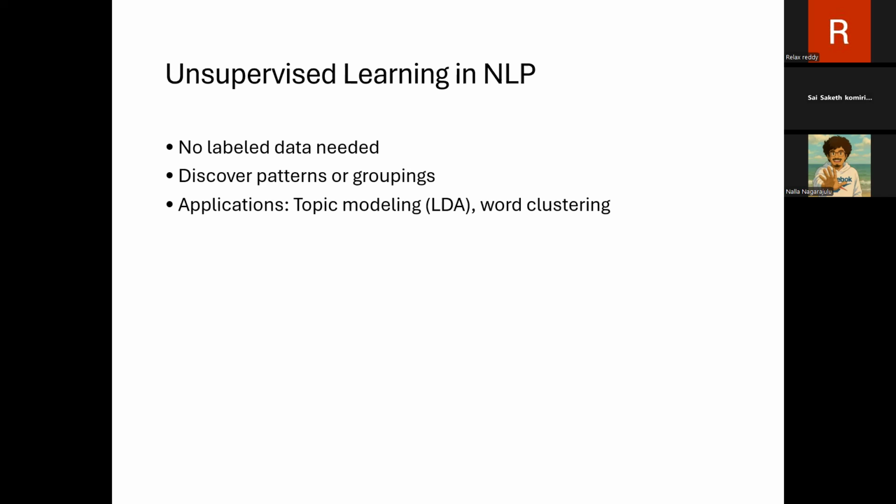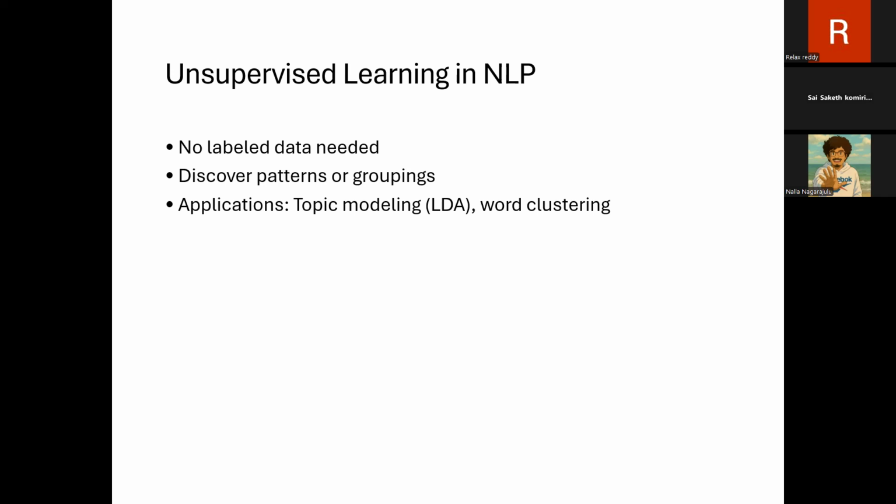For example, using algorithms like LDA to uncover hidden topics within a collection of documents. Say you feed thousands of news articles into the model, it may discover that some articles are about sports and others are about health or politics, even though you never told it those categories.